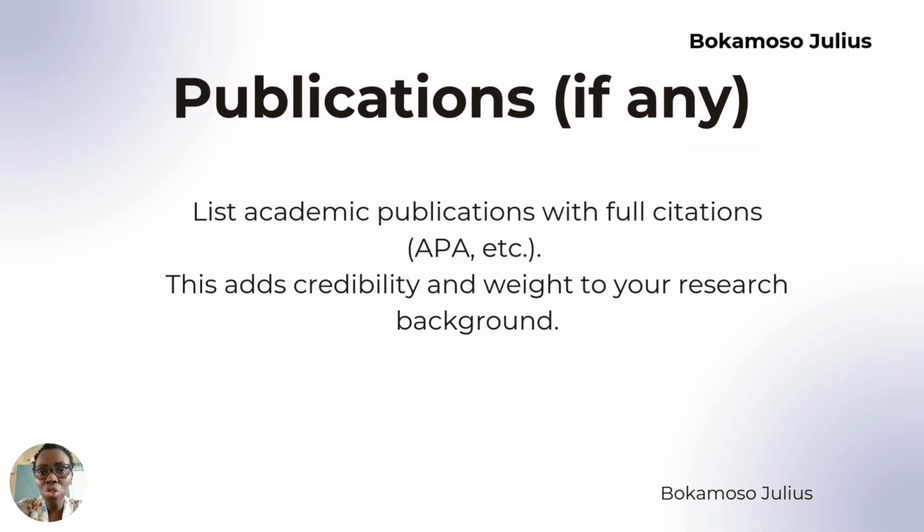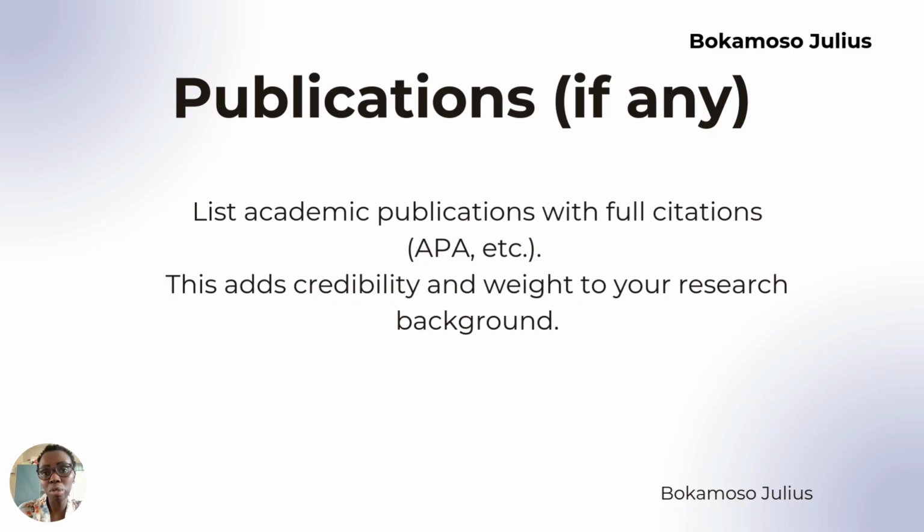And then publications. Maybe you've published a paper, or you've published your thesis or something like that. Add your publication here and use a referencing style. You can use APA, you can use Harvard, just use any referencing style that you are comfortable with.